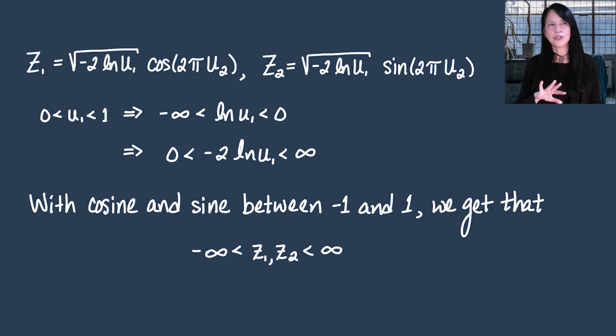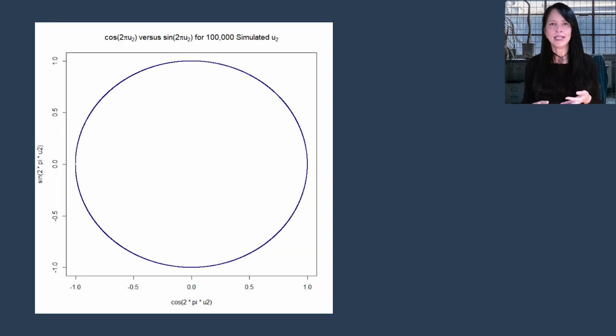And if you're concerned about whether or not the flipping is kind of a symmetric thing, I just real quick want to show you a graph of the cosine of 2 pi u2 versus the sine of 2 pi u2. So I simulated 100,000 values of u2, a uniform 0, 1. I computed cosine of 2 pi u2 and sine, and I plotted those points here.